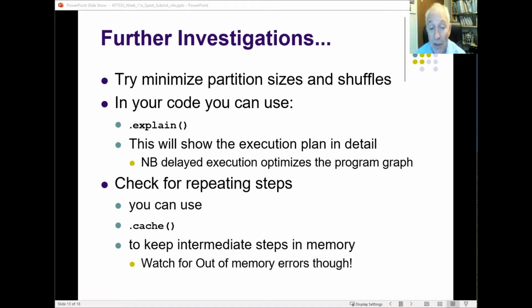That causes them to stay in memory. Now you can get big wins with .cache. So if you find some key part of the computation fairly early on is being recalculated lots of times, you can cache that in memory.